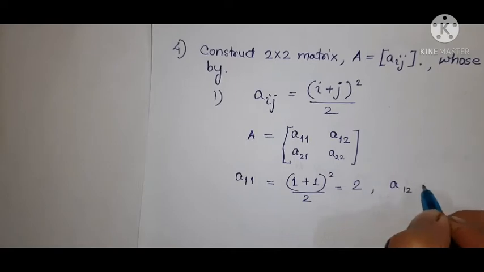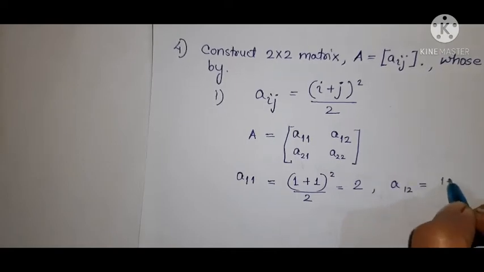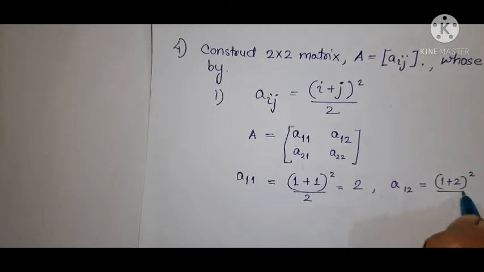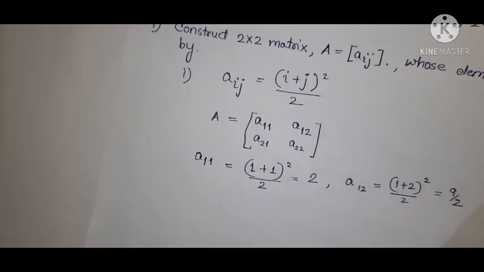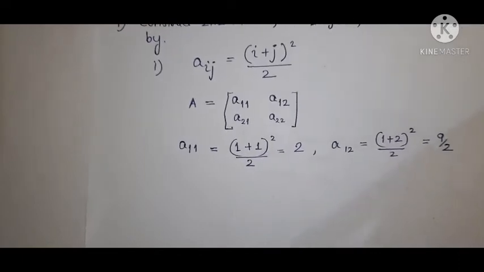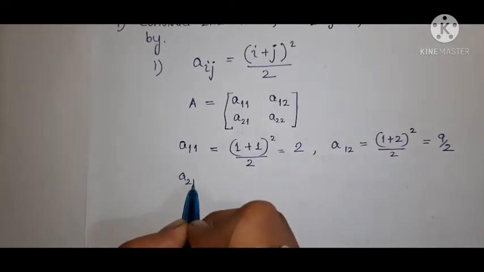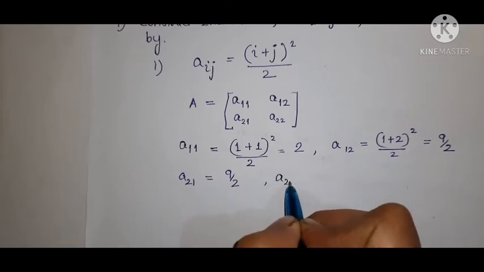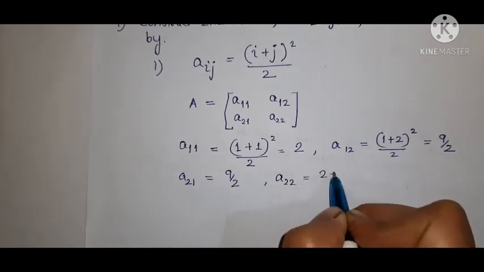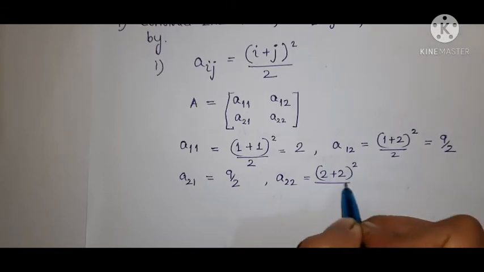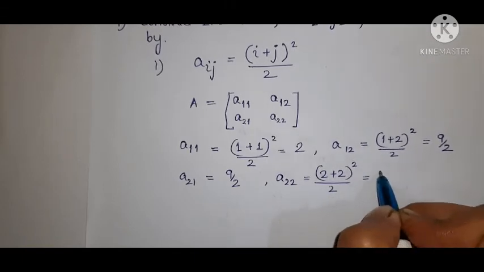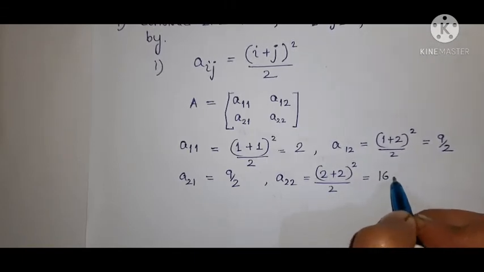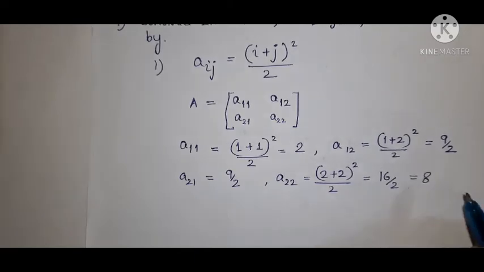Similarly A12 equals (1 plus 2) square by 2, this is 9 by 2. Then A21 is again 9 by 2 and A22 is (2 plus 2) whole square by 2, equals 16 by 2 ultimately.